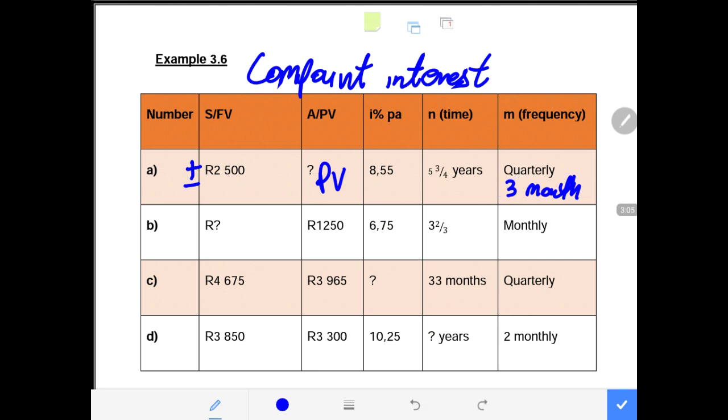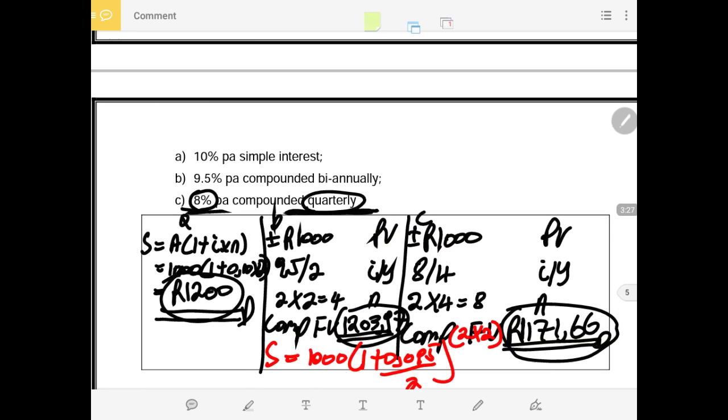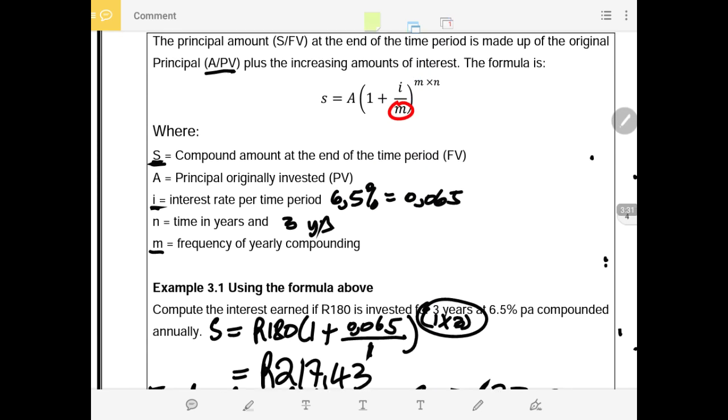Now, we have quarterly compounds, which is 3 months, and what are we looking for? We are looking for the present value, and all other factors are given to us. Remember, I did mention to you that in the formula that we spoke about previously, let me just go back to the formula just to recap a little bit in case maybe you don't remember, but I will not do this again.